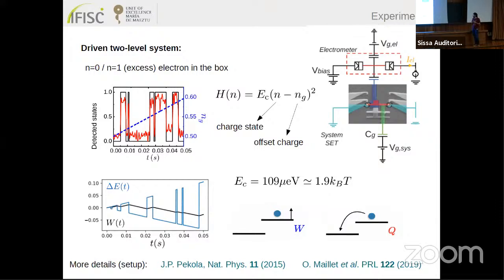So we can tell whether the state is in 0 or in 1 at all times. And from that, we can obtain the work and the heat during the processes in which we vary this external voltage like a linear ramp. So we move this offset charge of the Hamiltonian following a linear ramp.